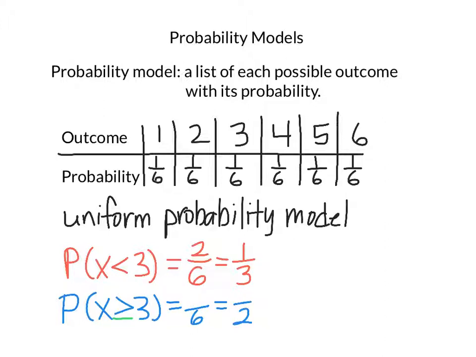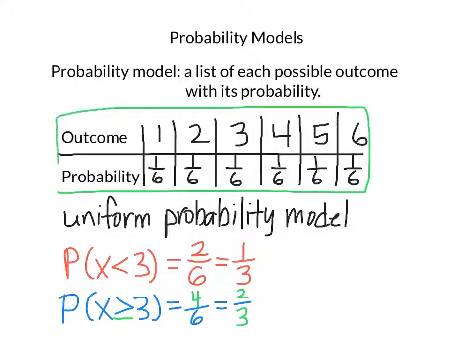Then that would include all 4 of these numbers, and we would have 4 out of 6, which is 2/3. And not that we have to know this, but then those would be complementary events. The point of what we're talking about here is the probability model and what makes it a uniform probability model.